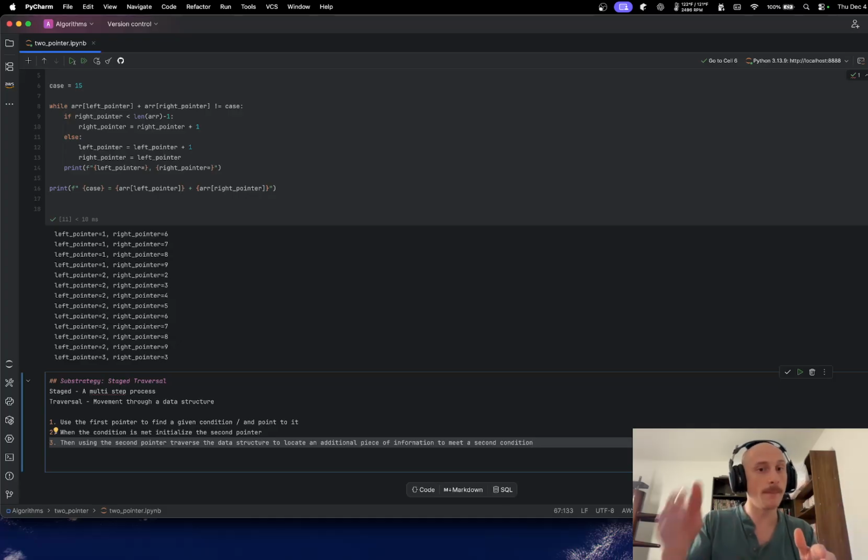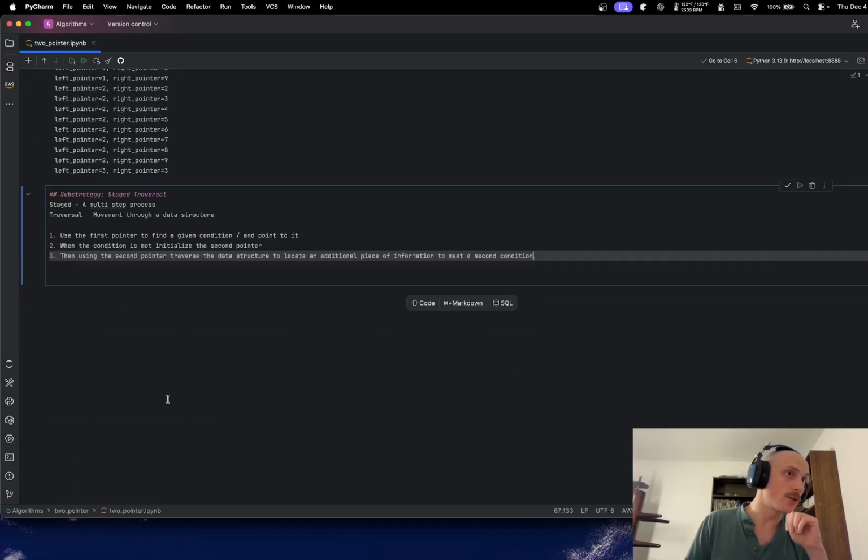So it might be a multiple step problem. So let's go ahead and try and come up with a very naive example of the stage traversal.